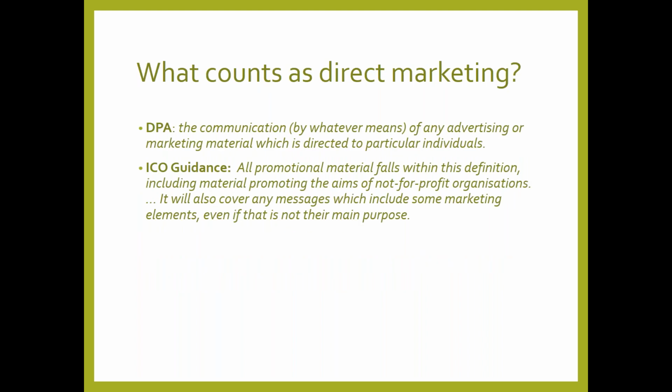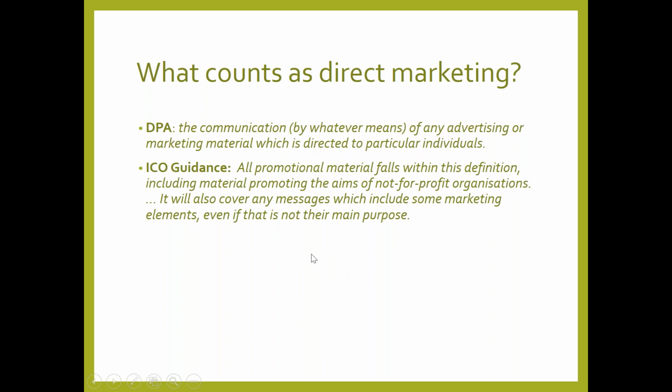One of the difficulties with direct marketing is that the Information Commissioner's Office, the ICO guidance, says that it's not just fundraising, it's not just commercial promotion, it's all promotional material, including material promoting the aims of not-for-profit organisations. And that any message which includes some marketing elements counts as marketing.